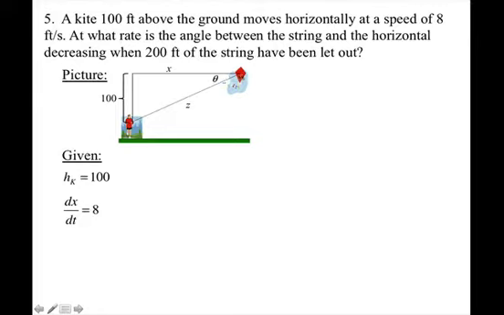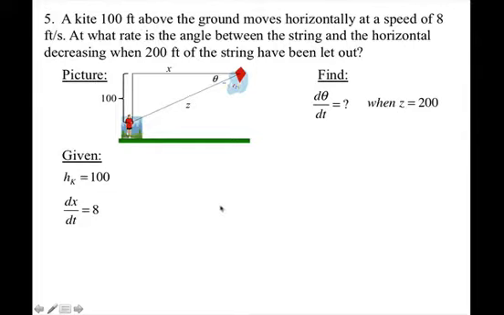And I'm going to label the distance of the string from the person to the kite as z. I want to find d theta/dt when z equals 200, because it says when 200 feet of the string have been let out.